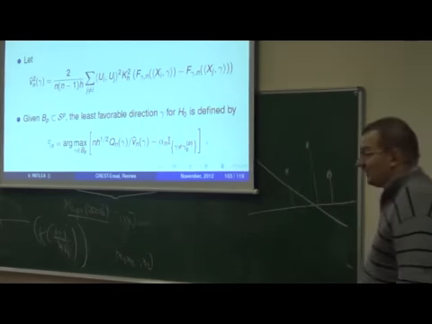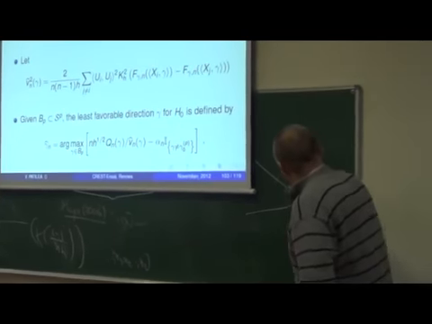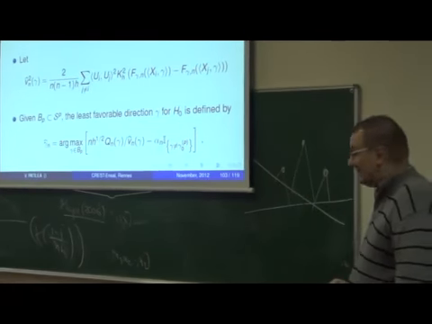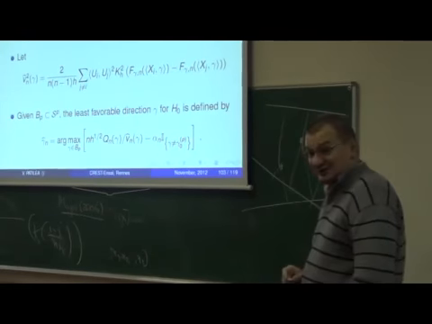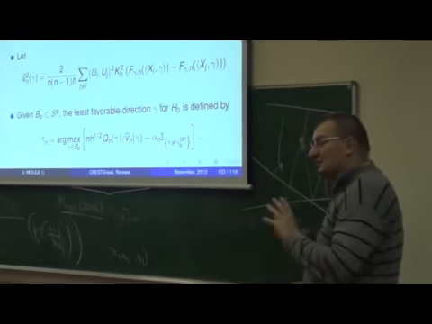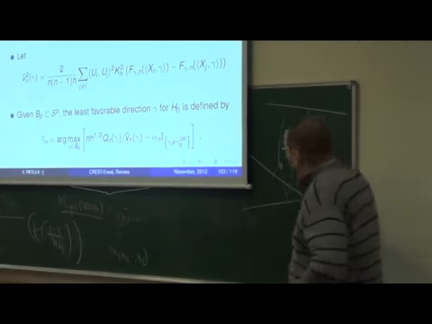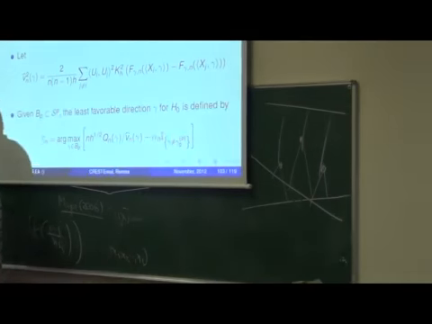You take another direction, this induces the same order. You take another direction, this induces the same order. So from the very beginning you feel that this continuous supremum is in fact discrete.